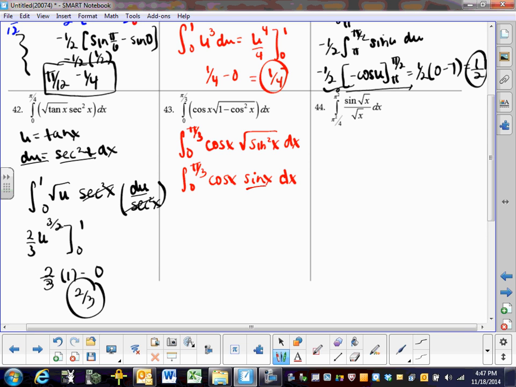So remember, I'm going to choose sine to be my u, because then the derivative of u is cosine x dx. So this part is exactly du. Sine of 0 is 0. Sine of pi over 3 is root 3 over 2. So I'm just left with u du.